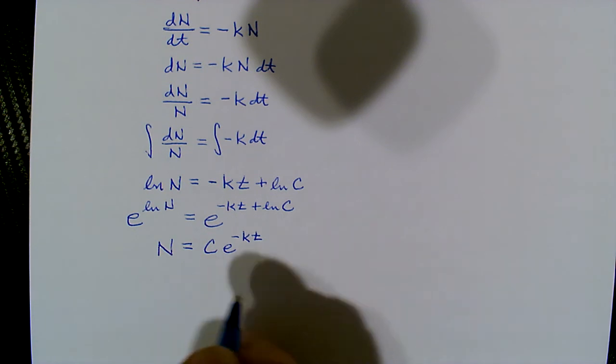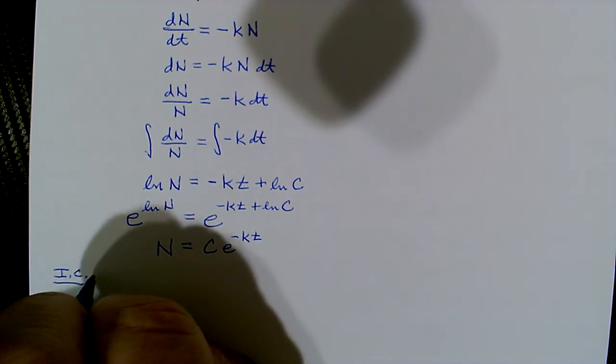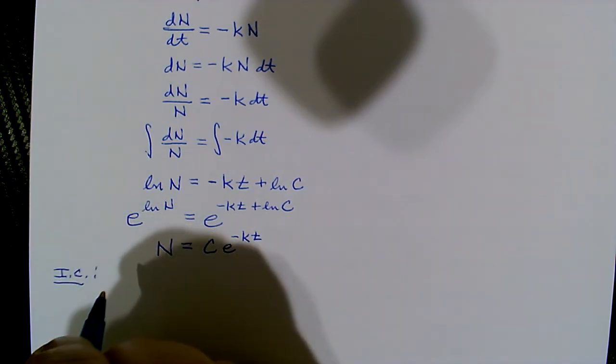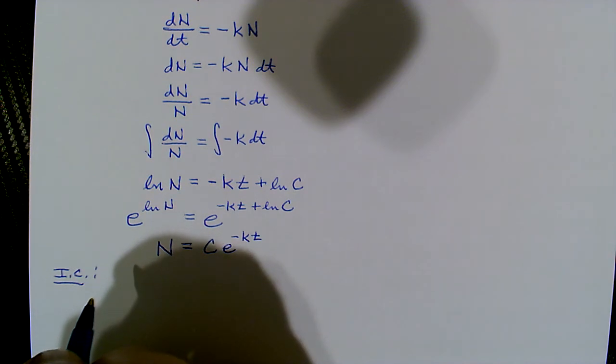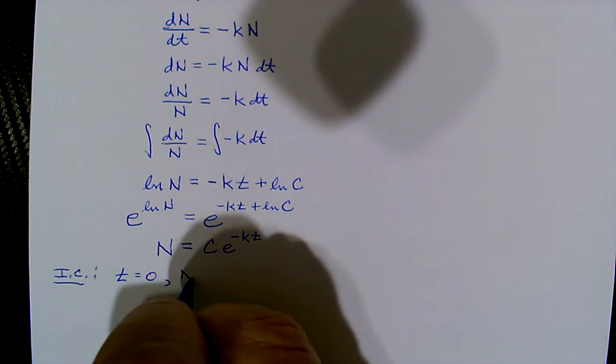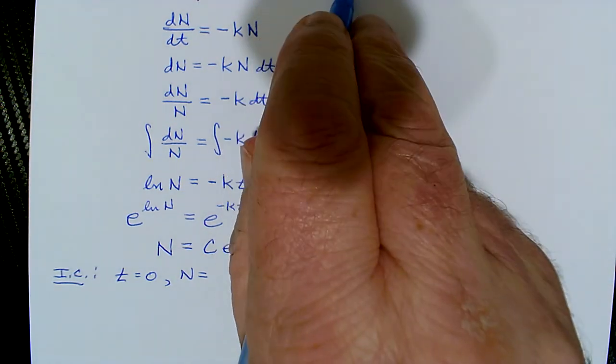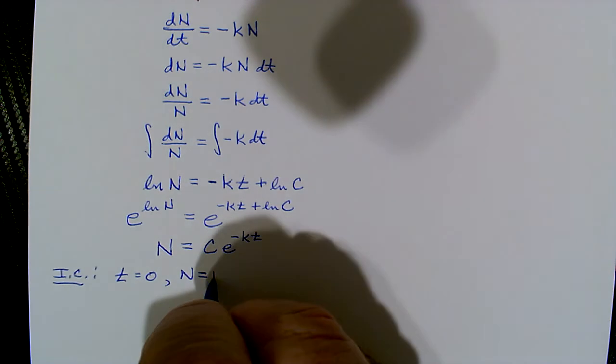And the initial condition was that at t equals 0, n equals, okay, for the sake of making this a little bit simpler, I'm not going to call it 100 n sub a yet. I'm just going to call it n sub 0, okay, which is the same.